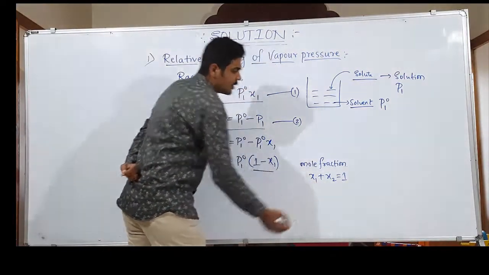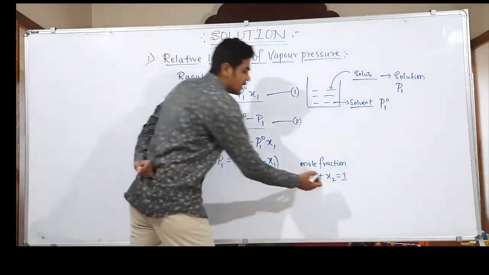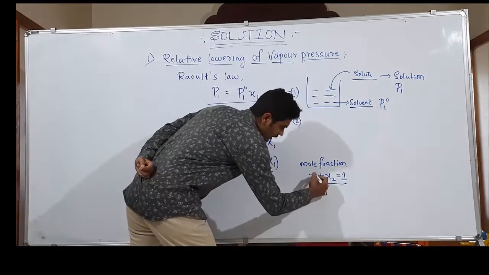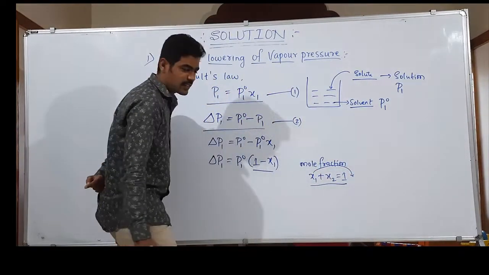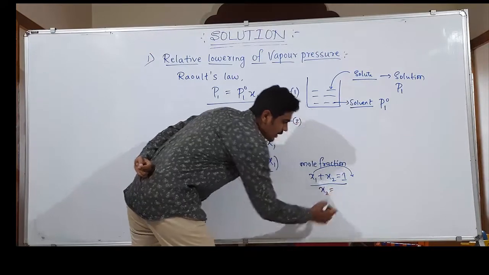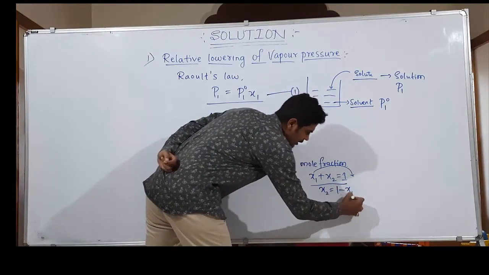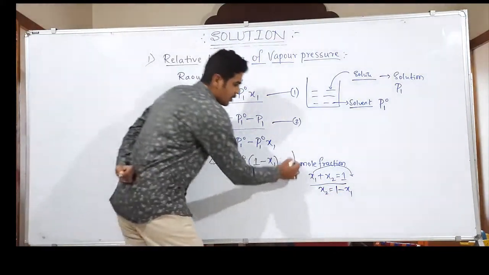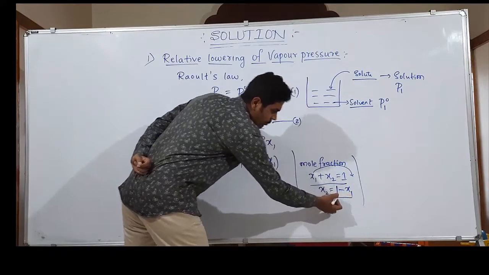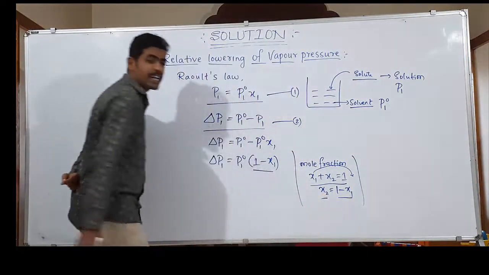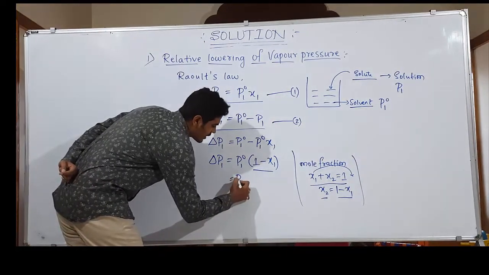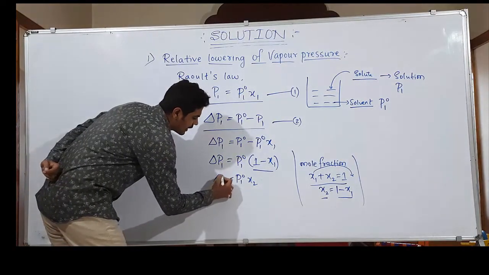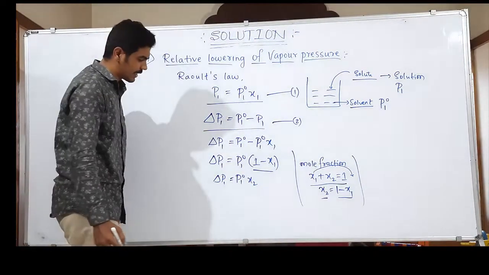The sum of the mole fractions of the components is always equal to 1. So if I bring X1 to the right hand side, X2 is equal to 1 minus X1. So substitute X2 instead of 1 minus X1, and delta P1 is equal to P1 naught into X2.